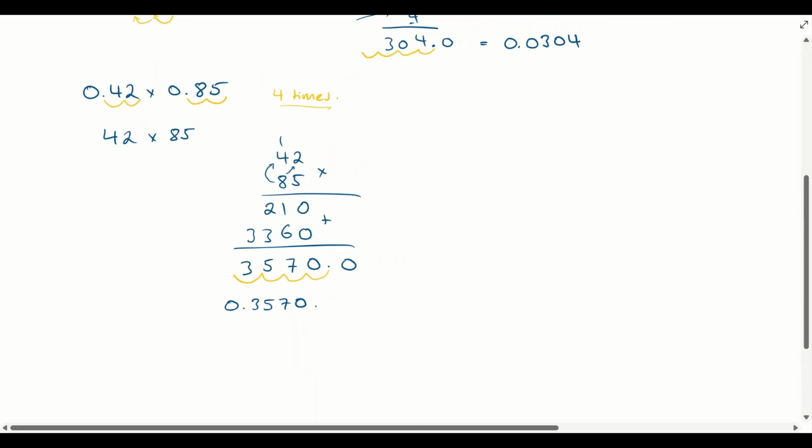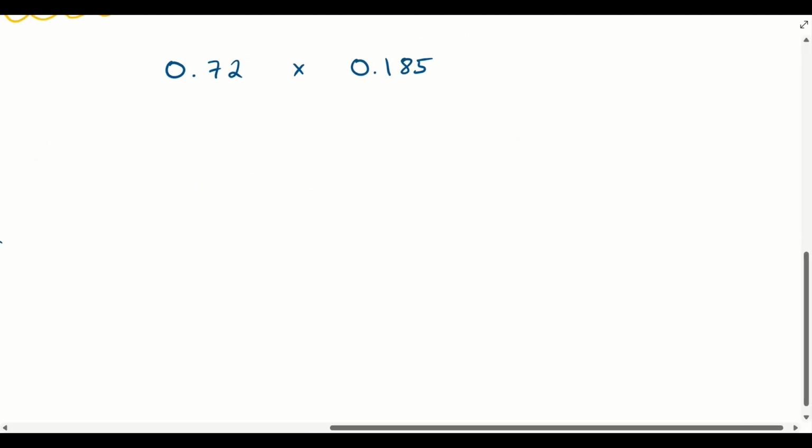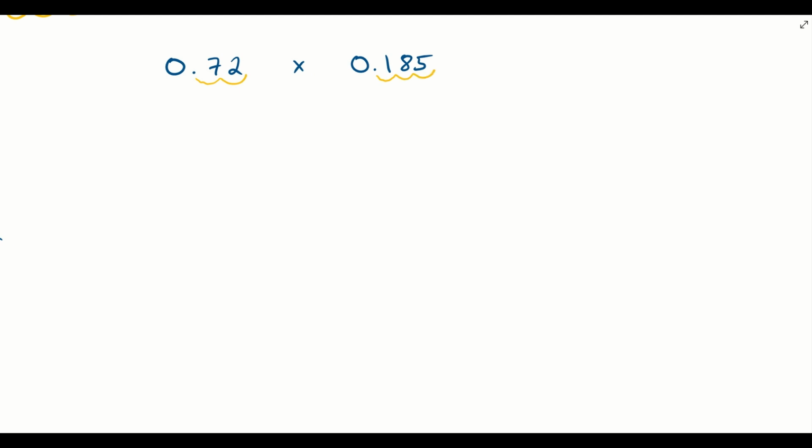Okay? Let's look at one more. Let's come over here and let's do something like 0.72, and I'm going to multiply that by 0.185. Okay, so what happens here? Well, let's convert them to whole numbers. So 1, 2 times, and this one goes 1, 2, 3 times.